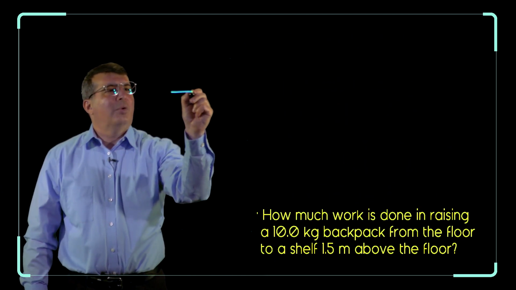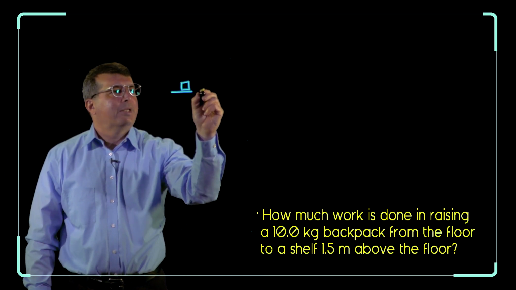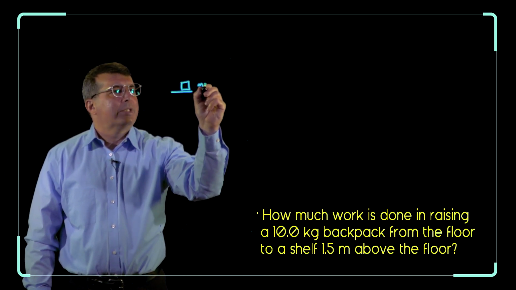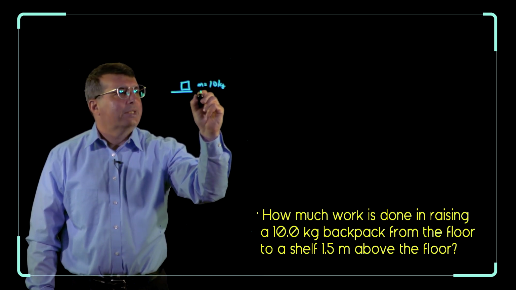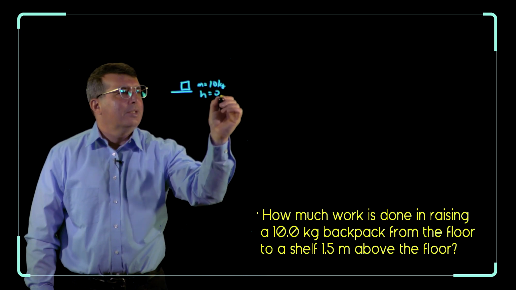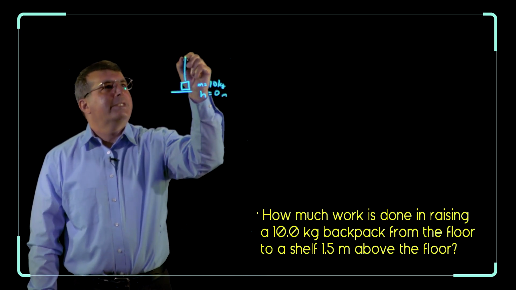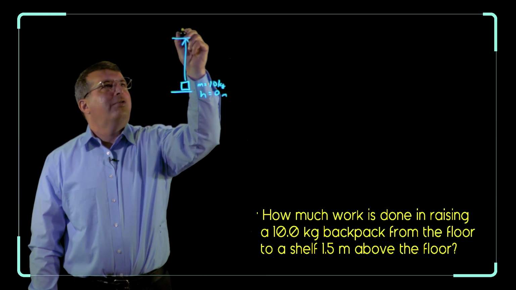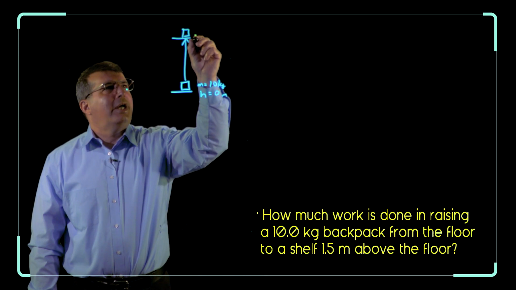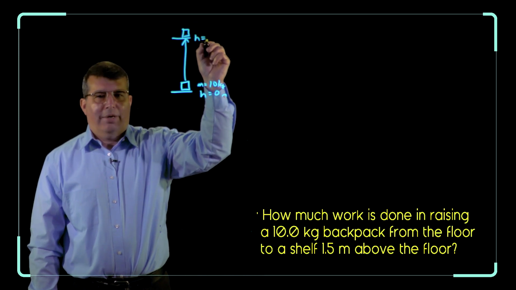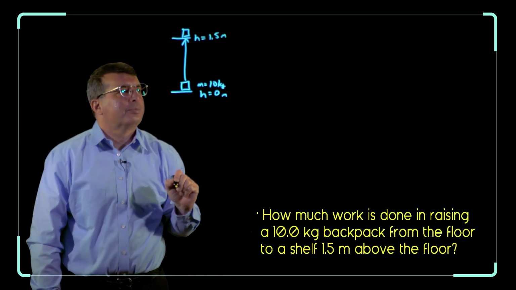We'll start with the floor. There's the backpack. The mass is 10 kilograms, and its height is equal to 0 meters. And then we raise it up to a shelf. So there's a backpack on the shelf, and its height is now 1.5 meters.